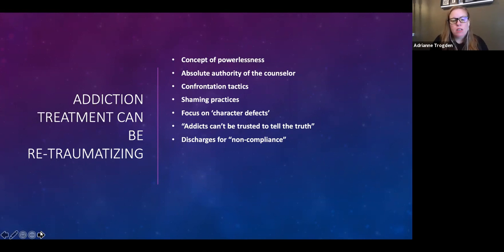And so discharging them for non-compliance can reinforce that defective mentality they already have, that they're a failure, they're not good enough. Things like that can really be re-traumatizing for clients.